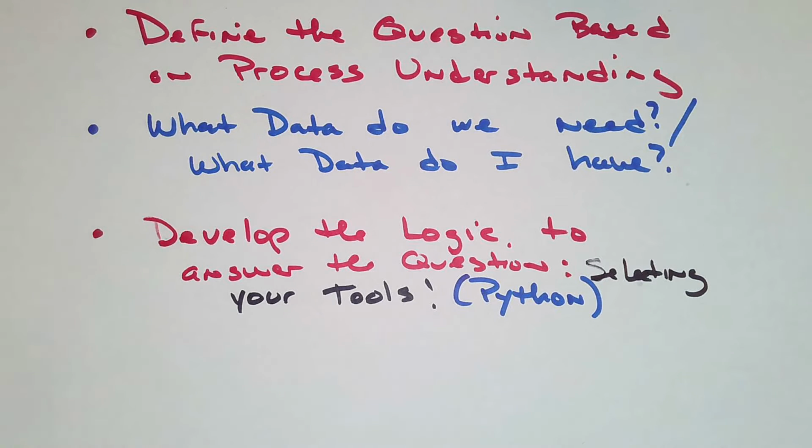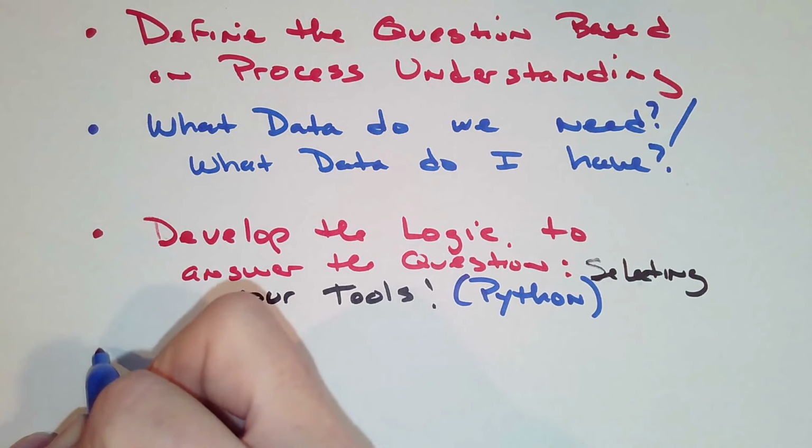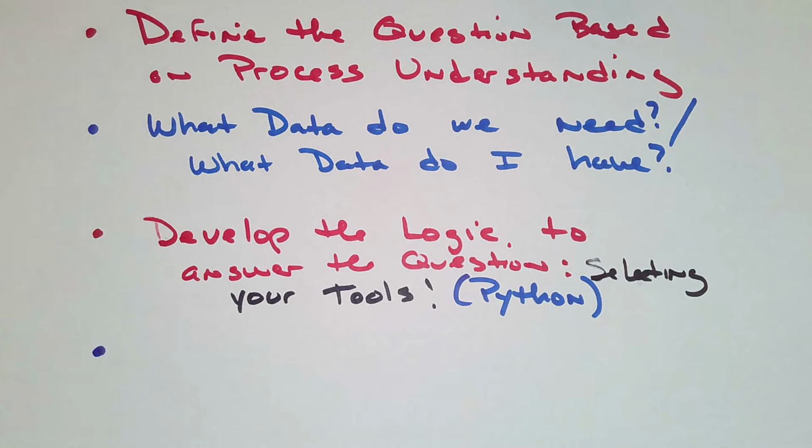And the last step, sometimes I think all of these steps are important, but this one may be critical to your long-term success, is how do you effectively communicate your logic and the results of your review?